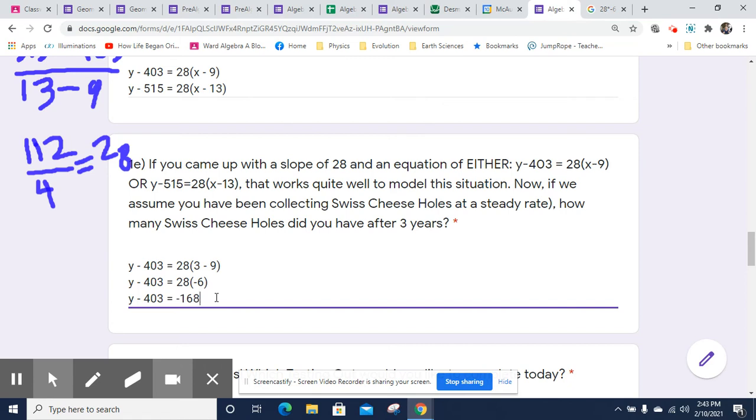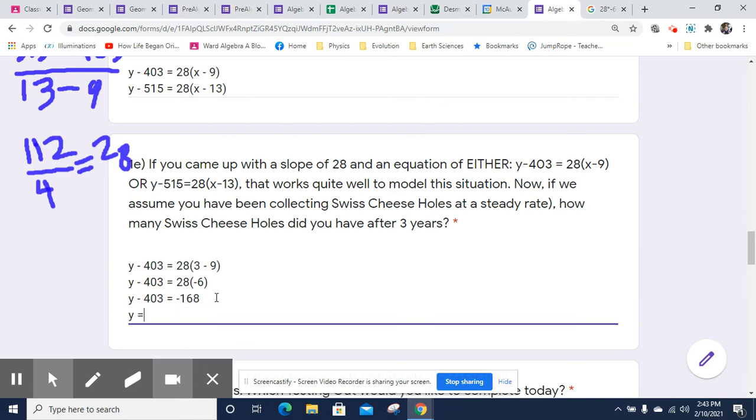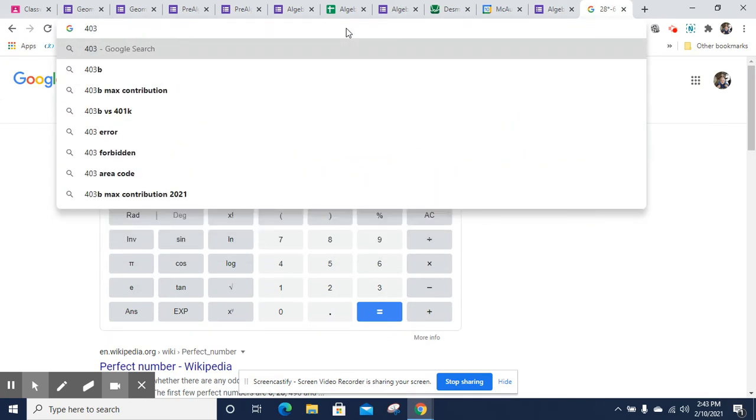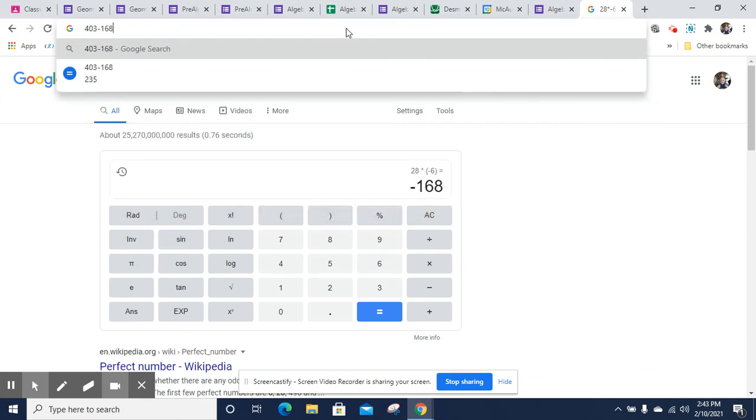And now I need to add 403 to both sides to find out what y will be. So negative 168 plus 403. And let's work out what that is. When you've got a situation like this, you can say 403 minus 168. You can do it in that order, or you can do it in the other order.